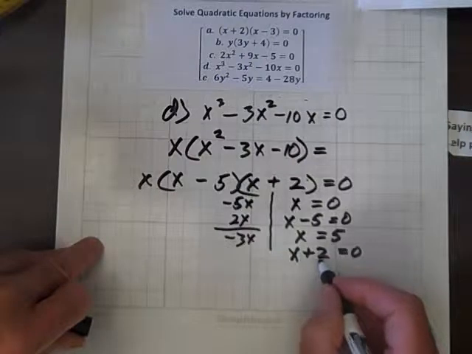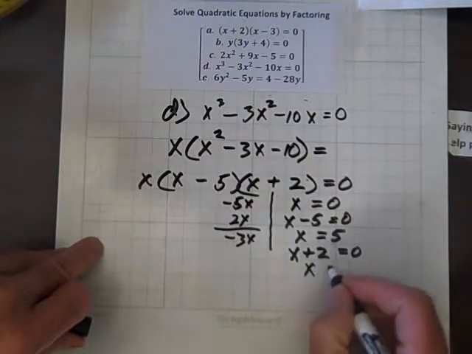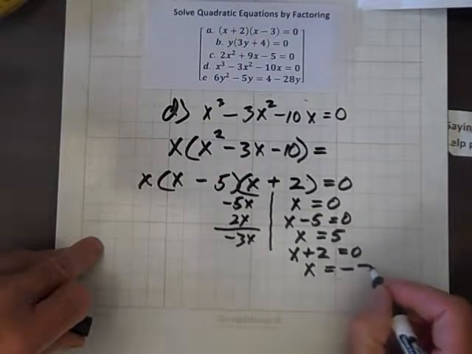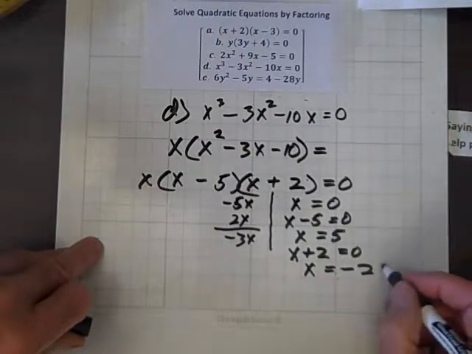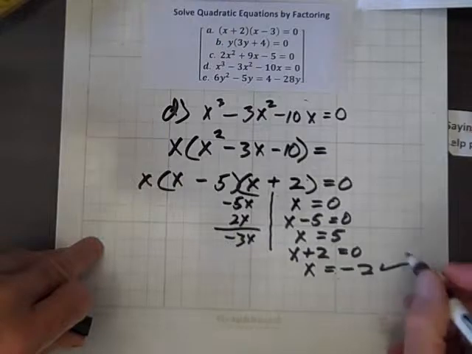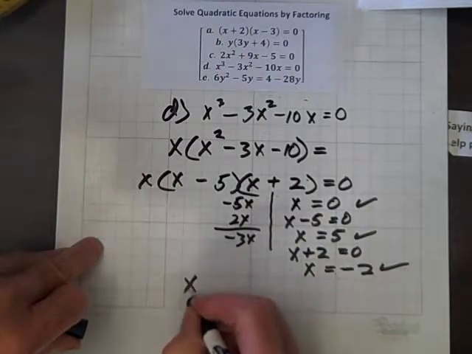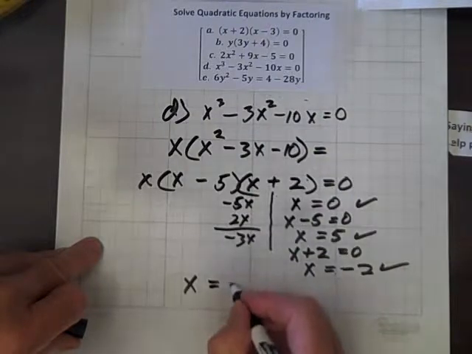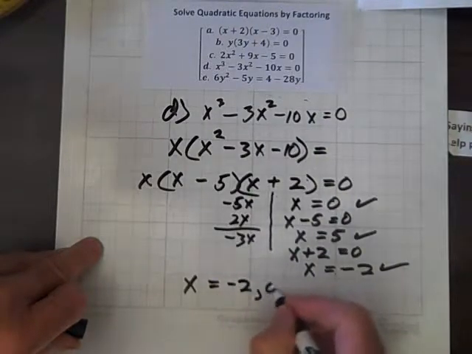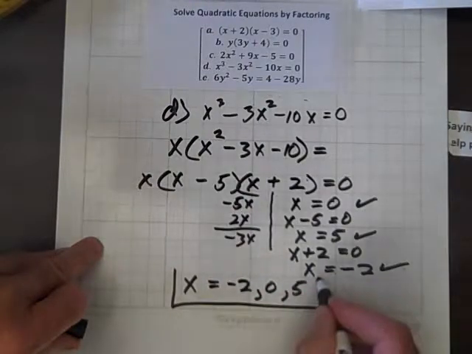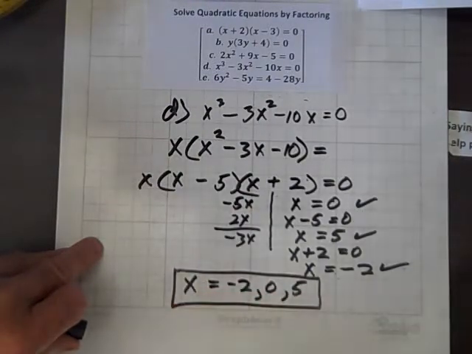And isolating x, we'll subtract 2 from both sides, and we'll get x equal to negative 2. So our solutions are x equals negative 2, 0, and 5.